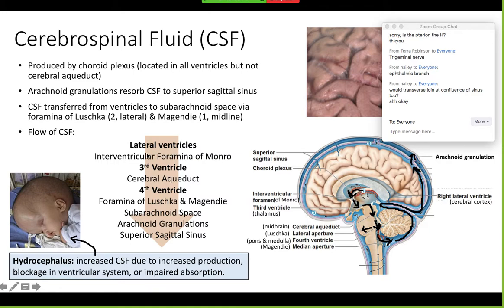So you're going to move from the lateral ventricles through the interventricular foramen of Monro to the third ventricle through the cerebral aqueduct to the fourth ventricle to the foramen of Luschka and Magendie, which will carry the CSF to the subarachnoid space, where it can be picked up by the arachnoid granulations and then travel back to the superior sagittal sinus. So you just want to memorize the order.